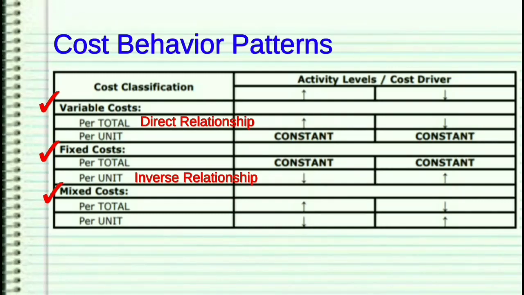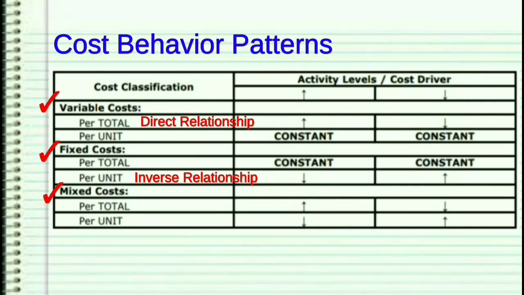Kapag tataas ang activity level or cost driver, tataas ang mixed cost per total. At kung bababa ang activity level or cost driver, bababa din ang mixed cost per total. Kung tataas ang activity level or cost driver, ang mixed cost per unit ay bababa. At kung bababa ang activity level or cost driver, ang mixed cost per unit ay tataas.